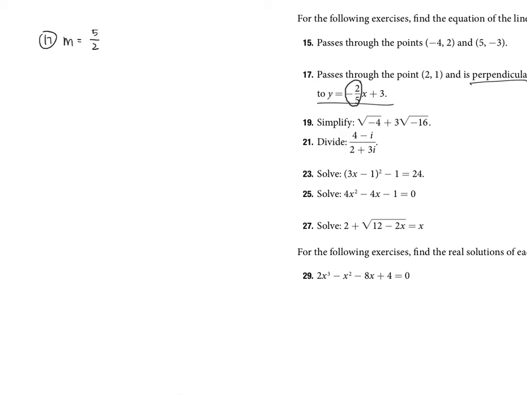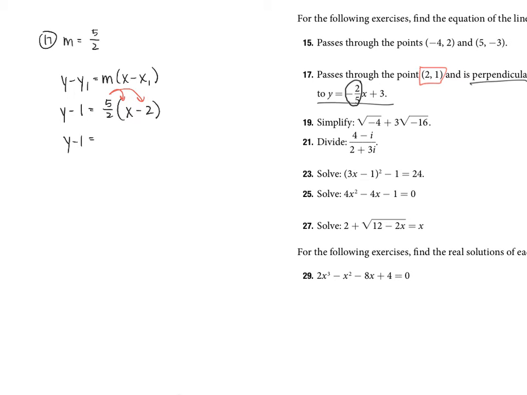And then we're going to use the slope and this point and use the point slope form again. So y minus y1 is equal to m times x minus x1. So y minus 1 is equal to m times x minus 2. And again, I'm going to put it in slope-intercept form. So distribute the 5/2.